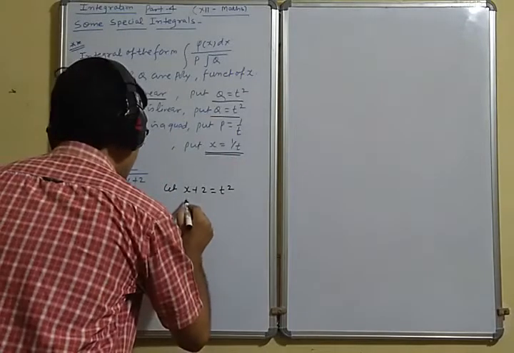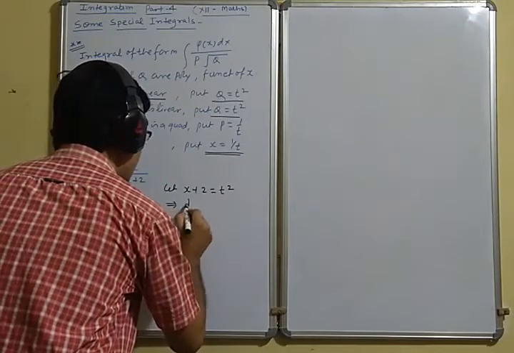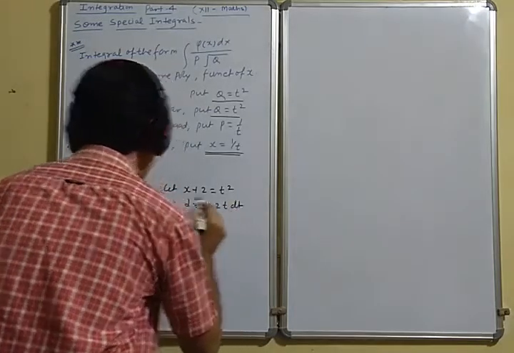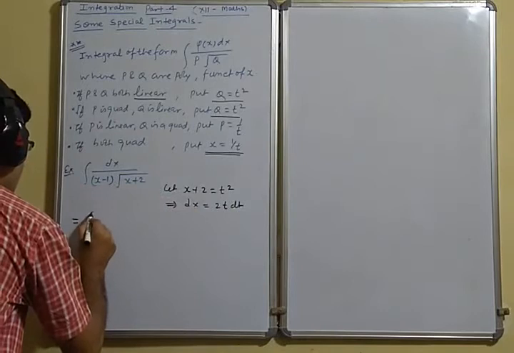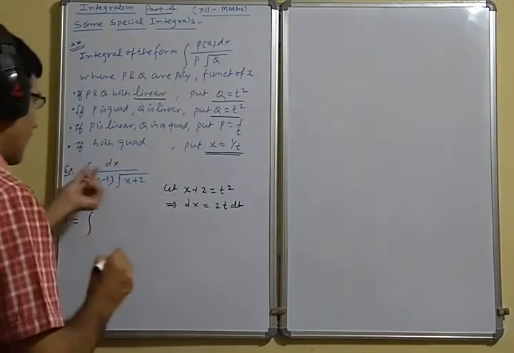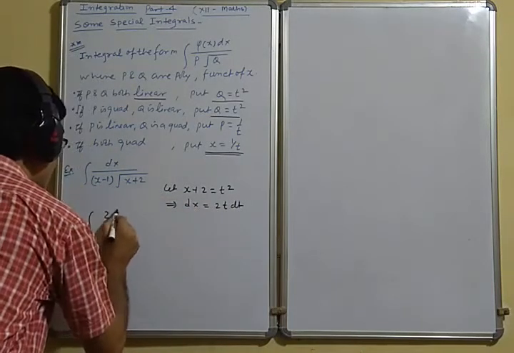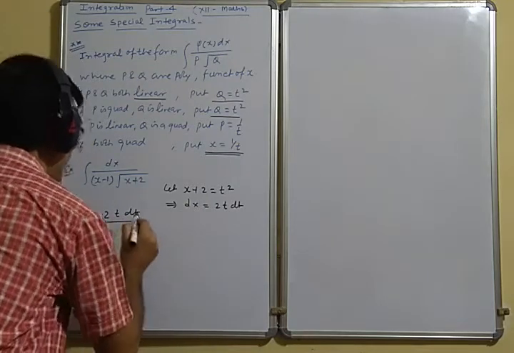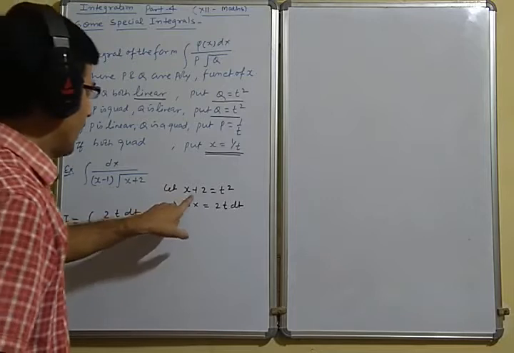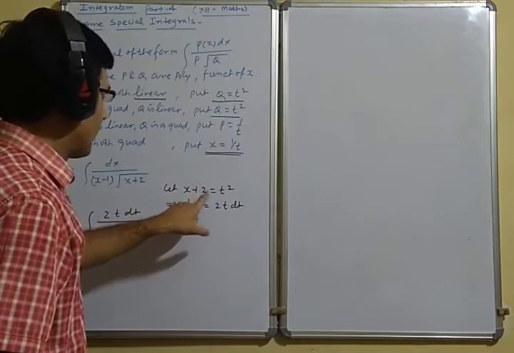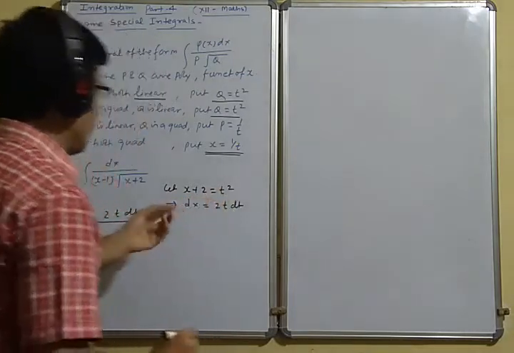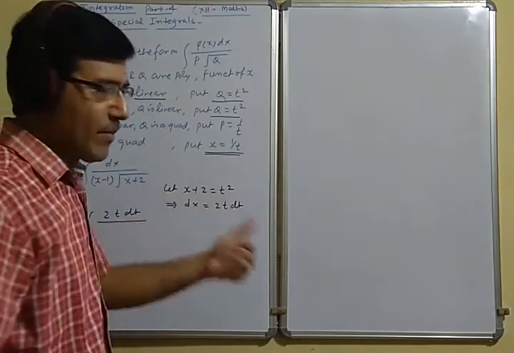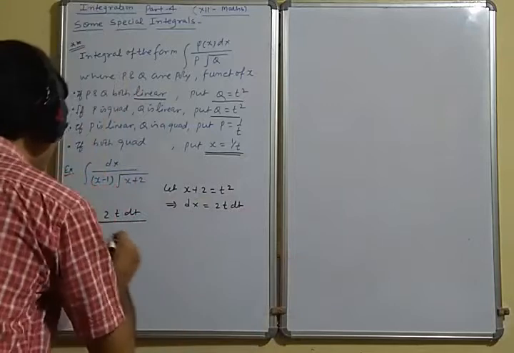Then differentiating, dx is equal to 2t dt. So this integral I becomes 2t dt upon x minus 1. x is equal to t square minus 2, so x minus 1 becomes t square minus 2 minus 1, that is t square minus 3.